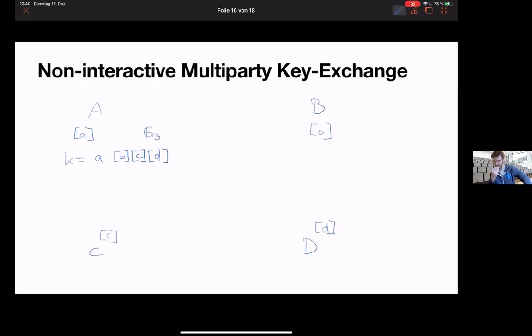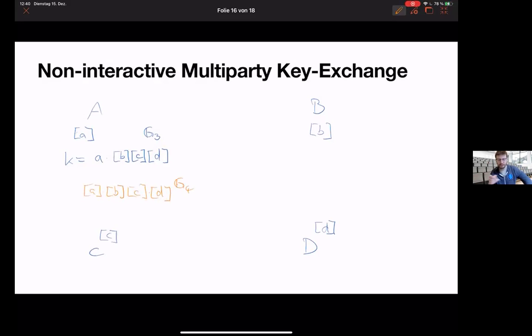The observation is that anyone who just sees the public information, namely encoding or group element of A, B, C, and D, an adversary can only compute A times B times C times D, and this would now be on a fourth level, right? Let's say in a group G4.